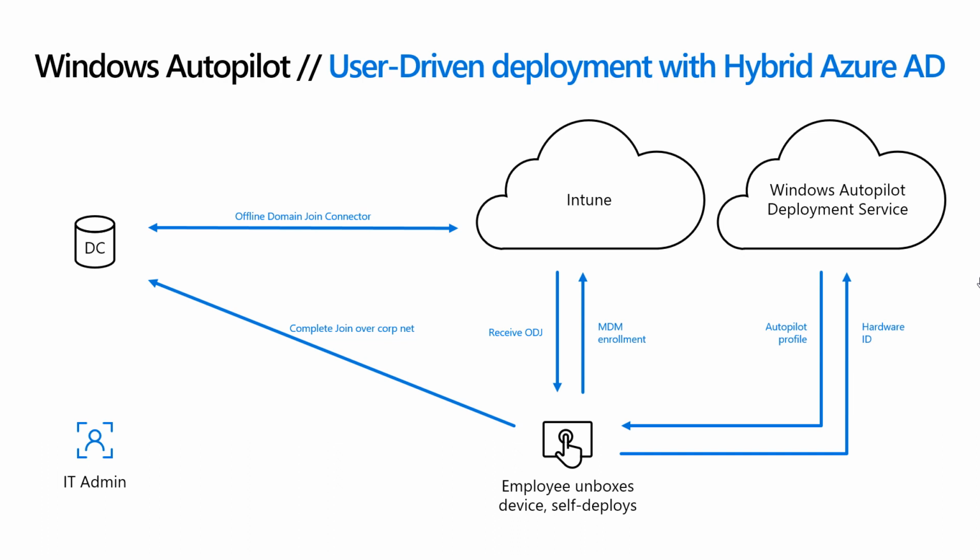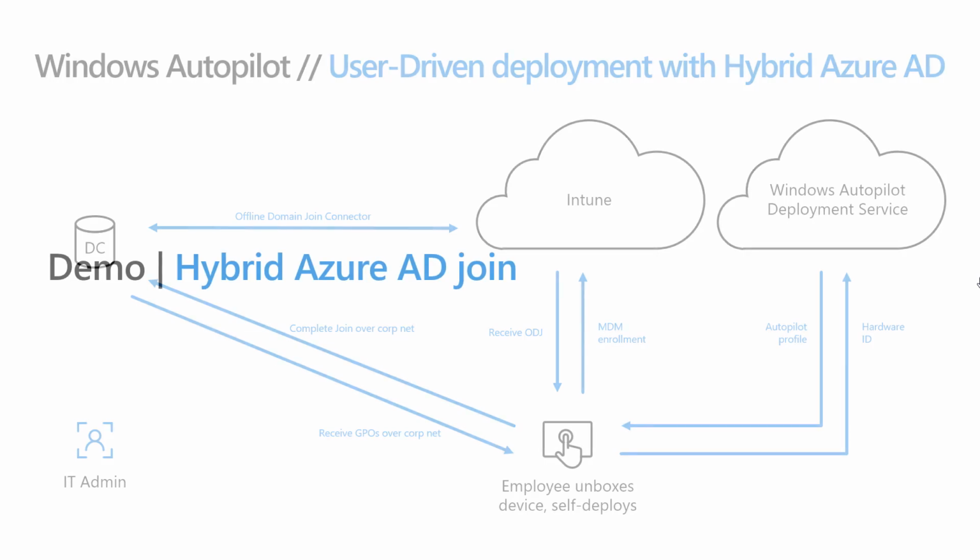Not only Azure AD and Intune, but the local Active Directory as well, and receives group policies from local Active Directory. In this case, the computer will have, let's say, two management systems: Intune with Intune settings and Active Directory with group policies. So that's how it works.